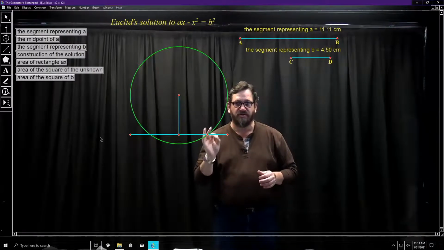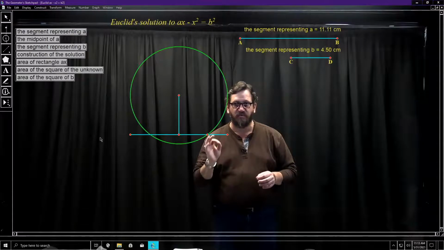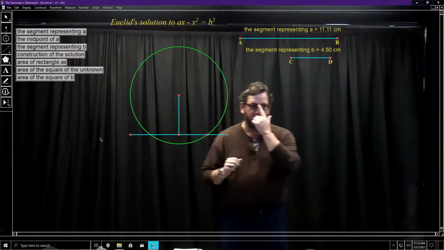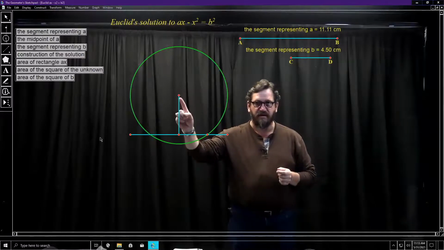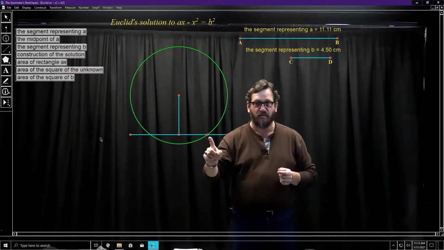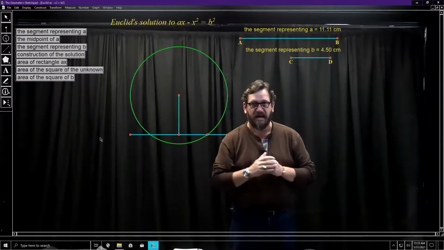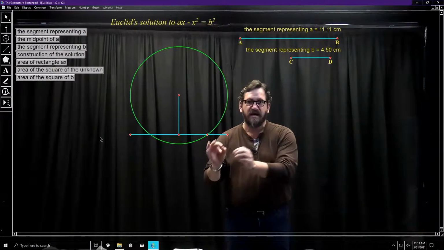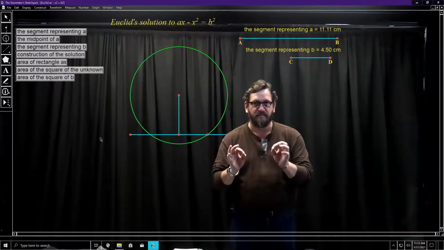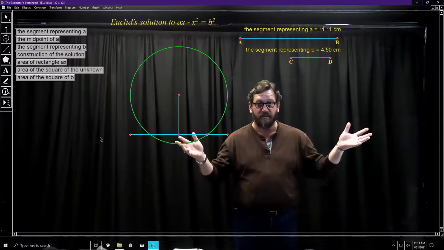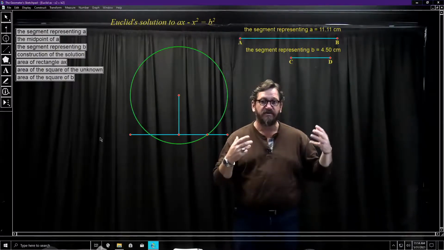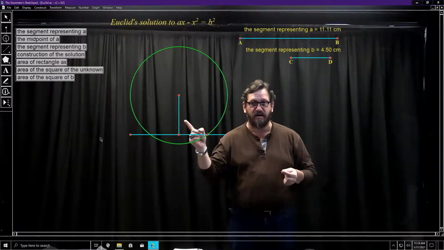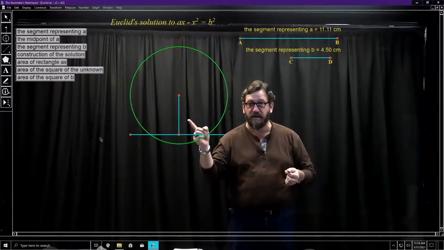And the circle is going to have as its radius the length 1/2 of A. So that means the length from here, this point, down to here where I hit A is 1/2 of A. The claim is that this little length right here is the missing length that will say, hey, here's how you build your rectangle and your square so that the rectangle take away the square is equal to the square that lives on the segment called B.